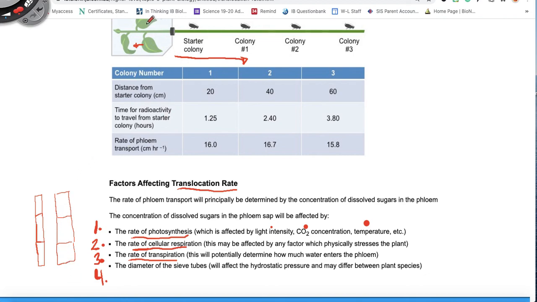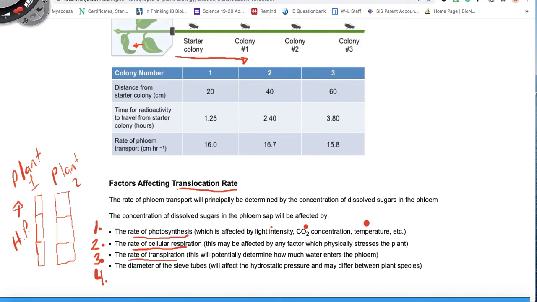And then that's going to affect how that sap is going to move. So if plant 1 has narrower sieve tube cells than plant 2, right, then there's going to be a higher hydrostatic pressure here in plant 1 than there is in plant 2. And then that's going to affect how the phloem moves.